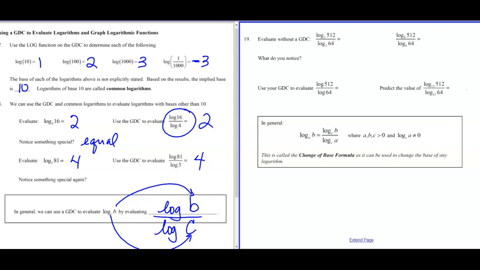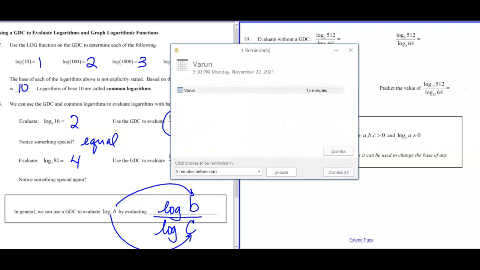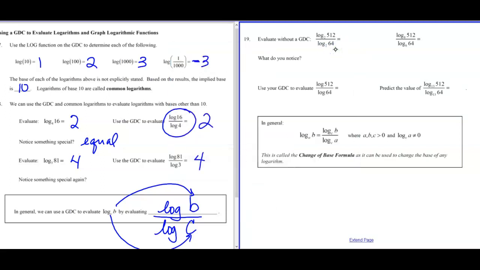So, evaluate without a graphing calculator. 2 to the something has to give us 512. See if you can do that without a calculator. 2 to the 9. 16 times 16 is 256, and 256 doubled is 512, so that's going to be 9. 2 to the 6 is 64.